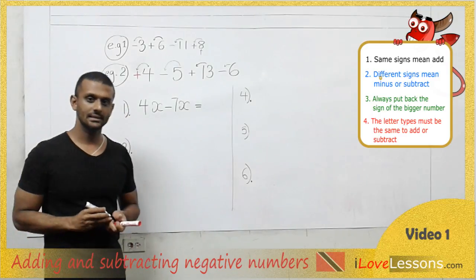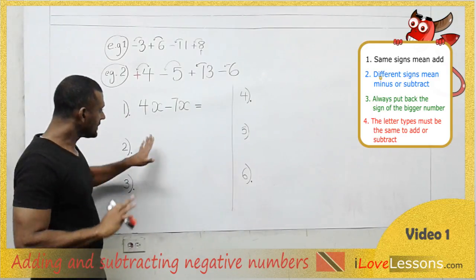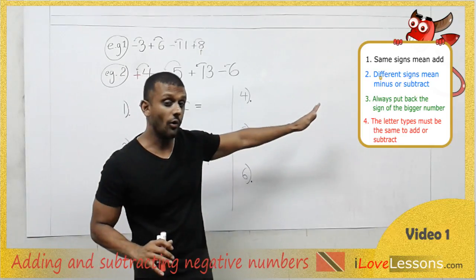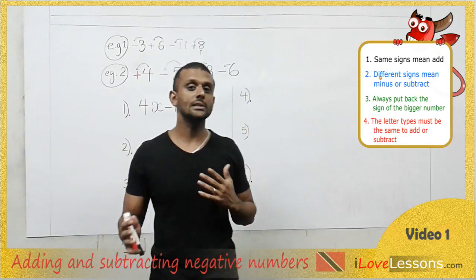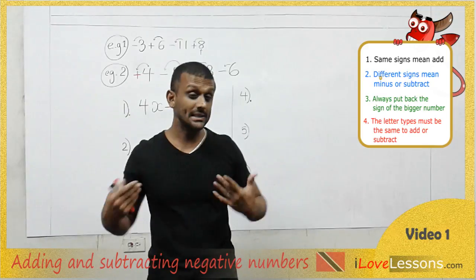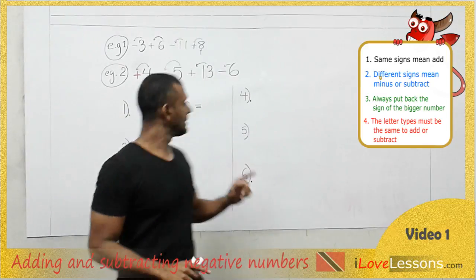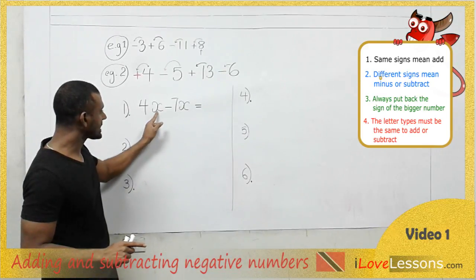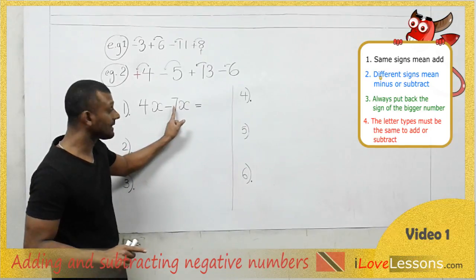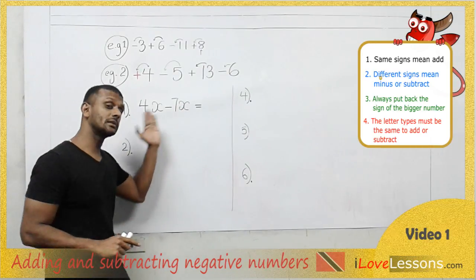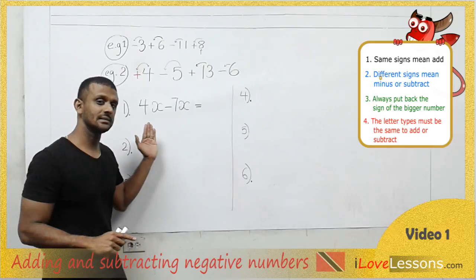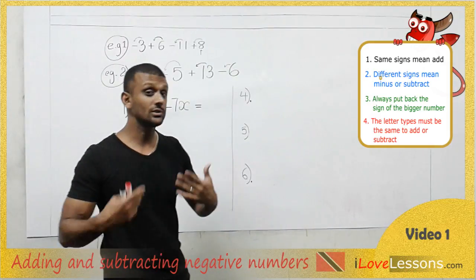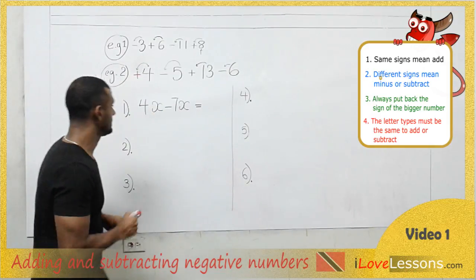First of all, according to rule number 4, for you to add or subtract, the letter types must be the same. Doesn't the 4 have an x connected to it? Doesn't the 7 have an x connected to it? And both of them have the same type of letters? Yes, they do. So it's okay to go ahead and do the question.